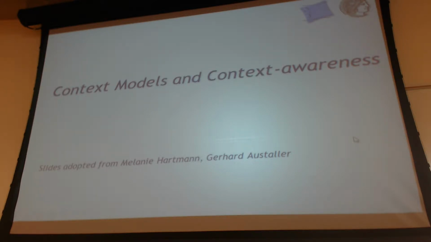So what do you perceive as context? What is context? State of the environment. It can mean many different things. What do you mean by state of the environment? How can you write it down on a piece of paper so that what you mean by context, the other person has the same meaning?